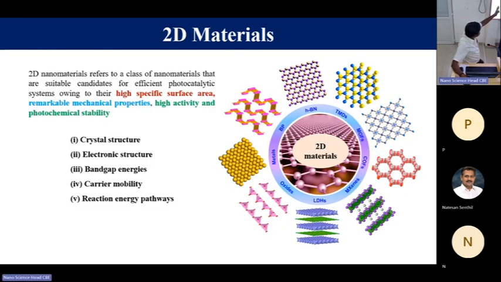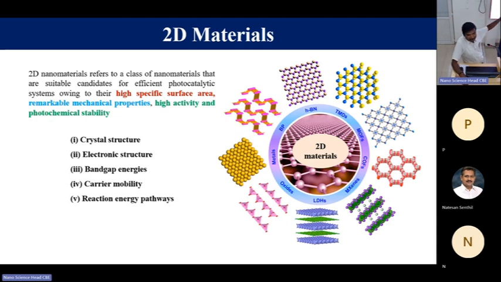Here, in order to tune the properties, as I already mentioned, you can do several things. The first one is the crystal structure. Every material has its own crystal structure. You might have studied this during your graduation or at school level.